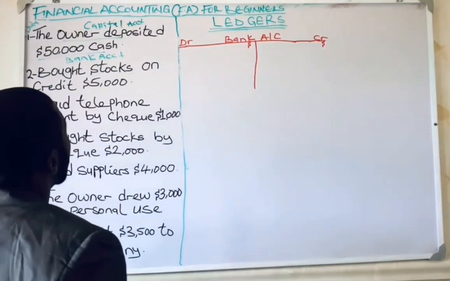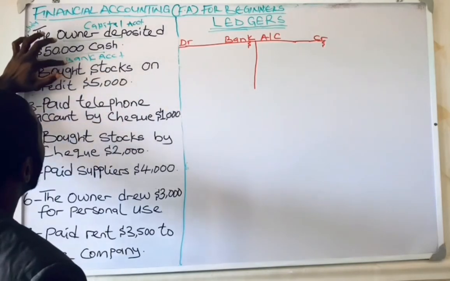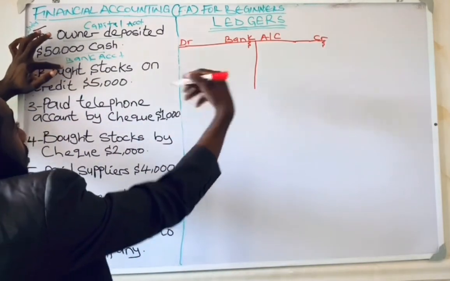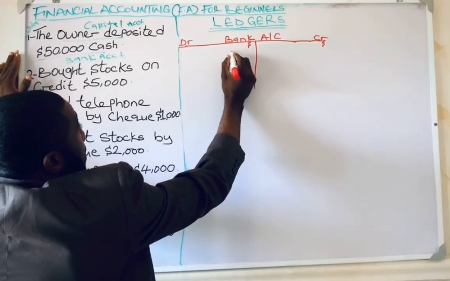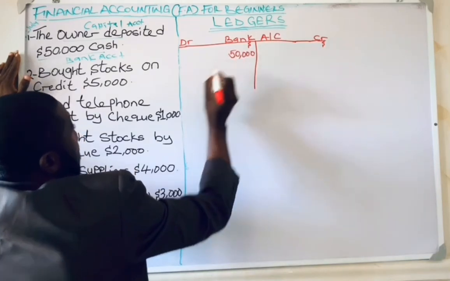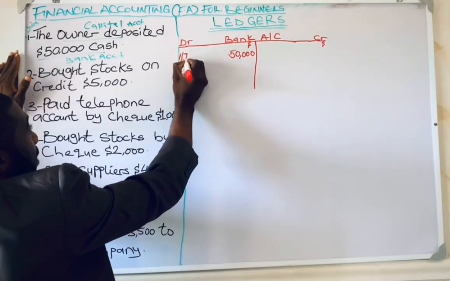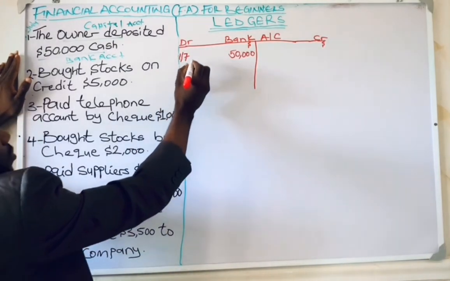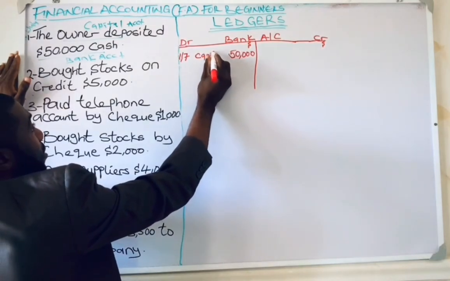So, as I did in my example, our bank account has a debit balance of $50,000 on the 1st of July, through capital. Very simple.